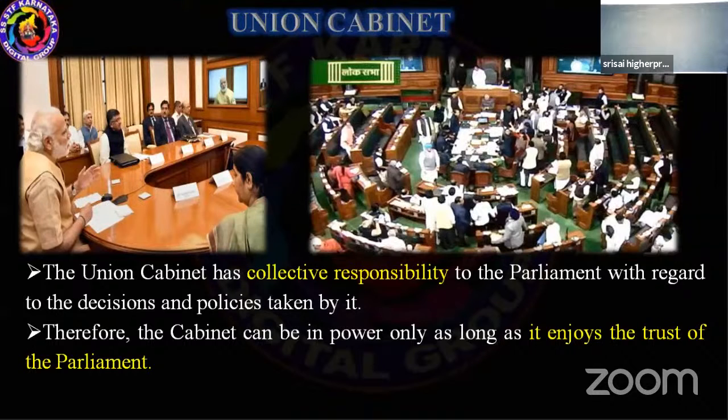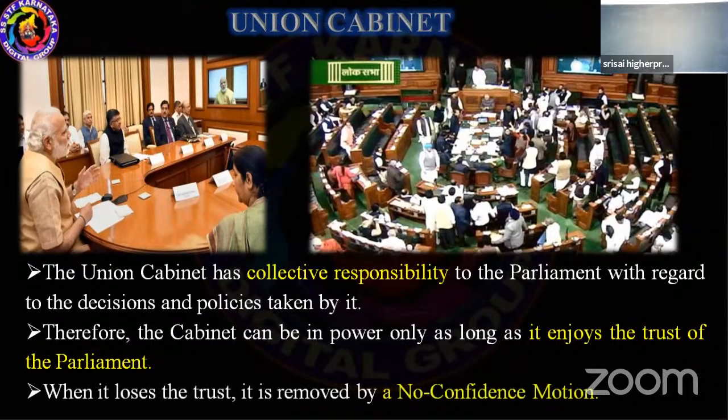If they lose the trust of the parliament, they have to come down. It means they have to dissolve their government. When it loses the trust, it is removed by a non-confidence motion.